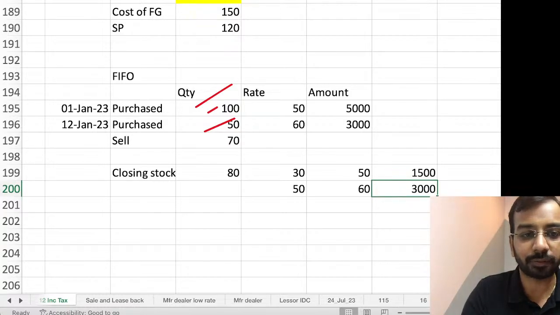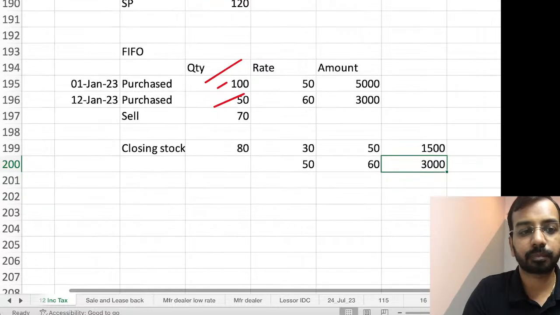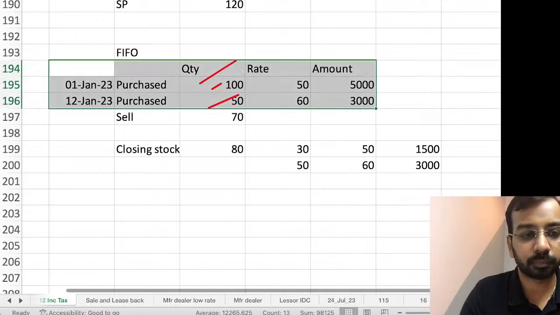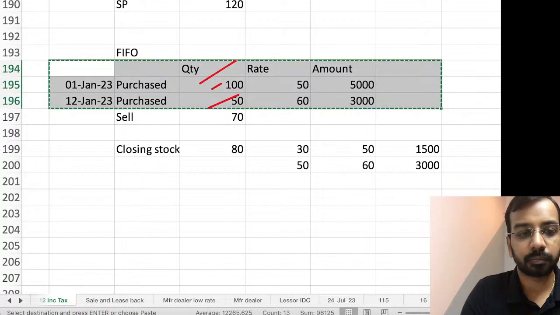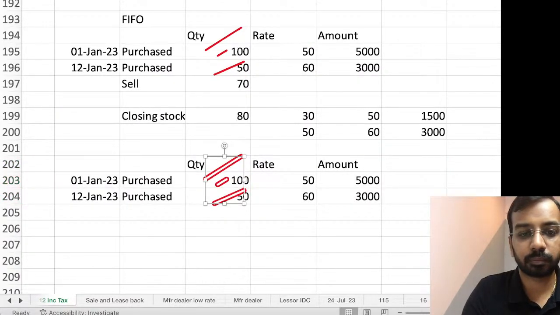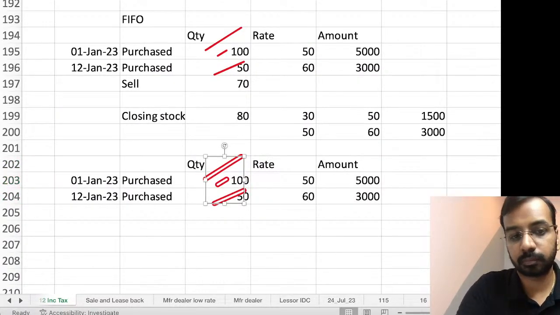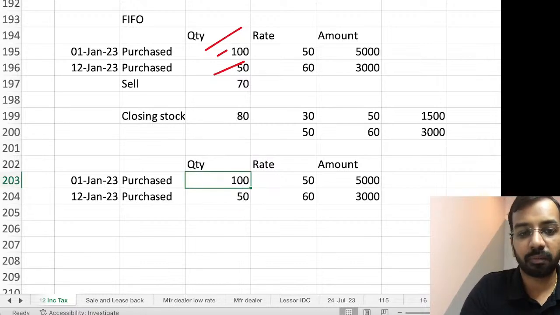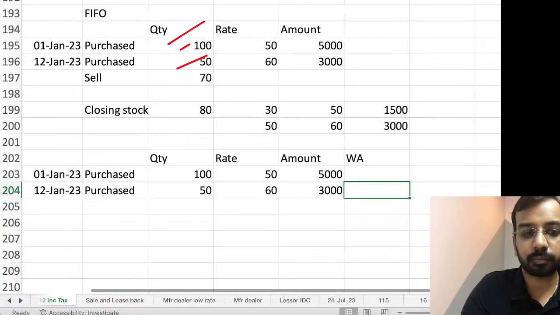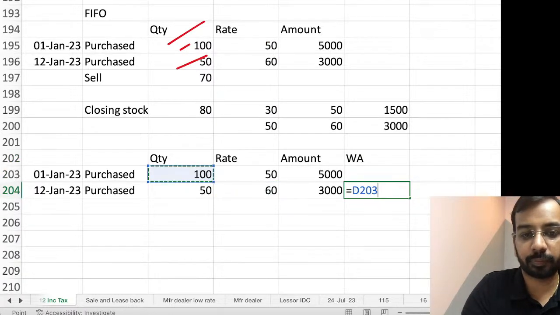Now if weighted average is followed, while calculating weighted average, what we will do is we will sum up the quantity, 150.